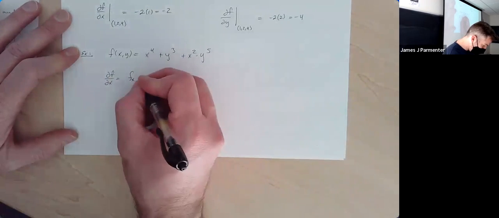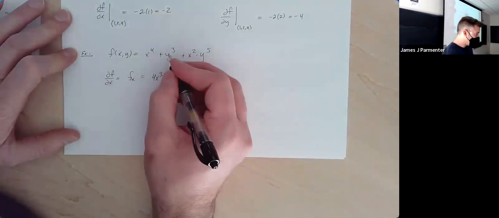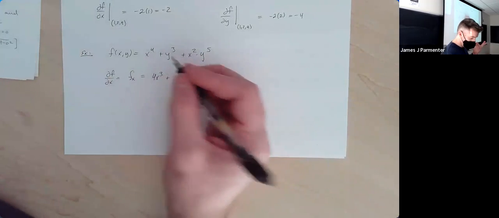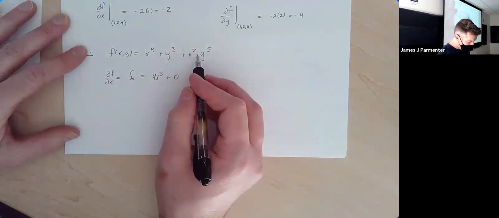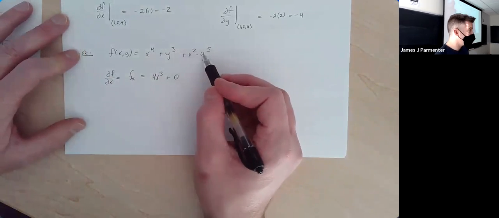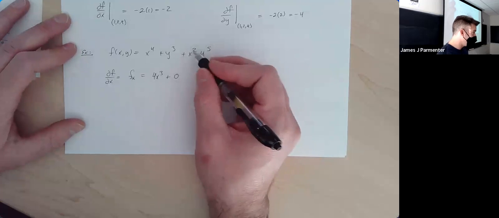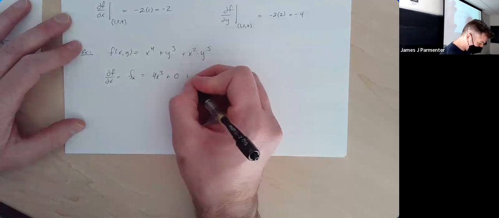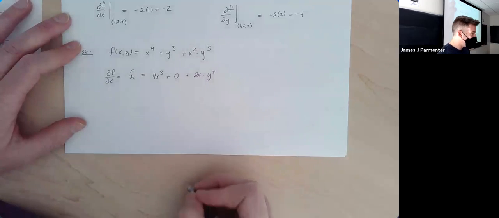So the derivative of x to the 4th is 4x cubed. The derivative of y cubed, well, y cubed is purely constant, so the derivative of y cubed is 0. And for x squared times y to the 5th, if you have a function times a constant, the constant hangs out, and you multiply it by the derivative of your function. So we're going to get 2x times y to the 5th.